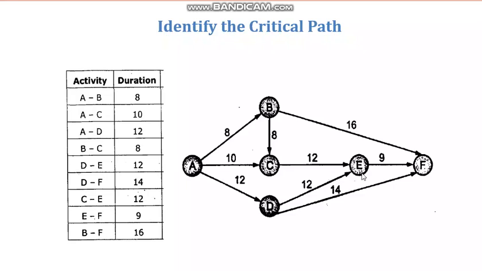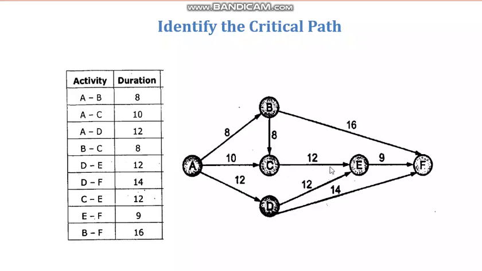Now you should know where to put E, because you can place it here initially. That's why you may have to do a rough sketch, because the first time you will not exactly know where the position of each event will be, how the activities will be. Now D to E you have taken, then D to F, which is taking 14 minutes of time, and C to E is taking 12.